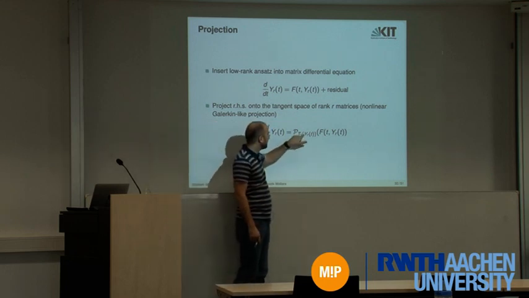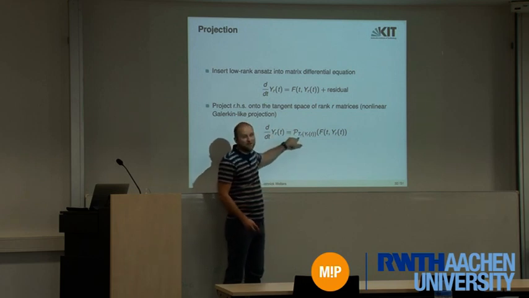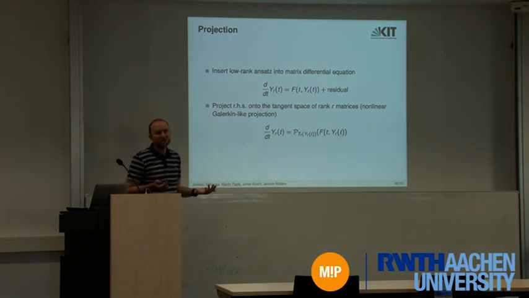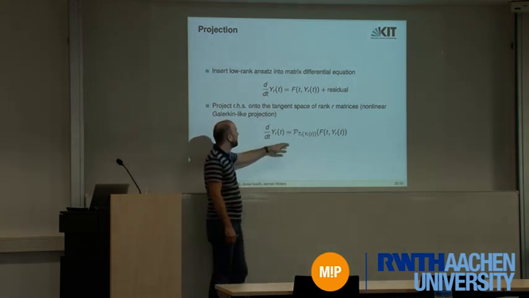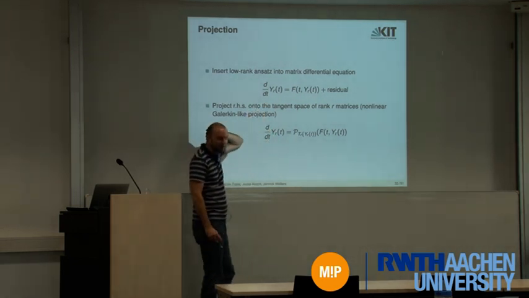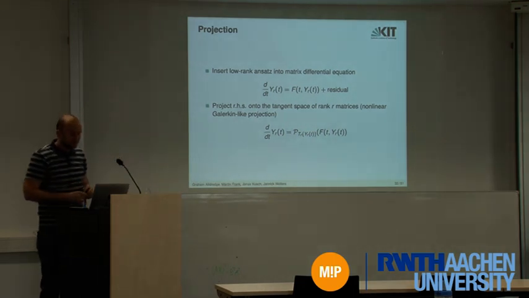And I'm saying this is supposed to be in the tangent space. Then the evolution stays in the space of rank R matrices. That's the whole point, so that's why I'm making this projection here. Because if I make a different projection, I will run out of that space. That's the trick here: project in such a way that I'm staying in that space.